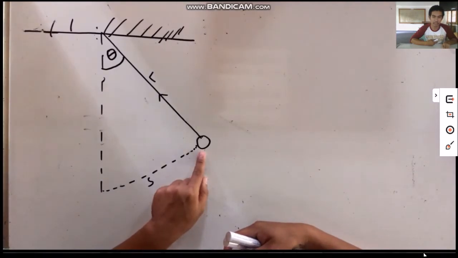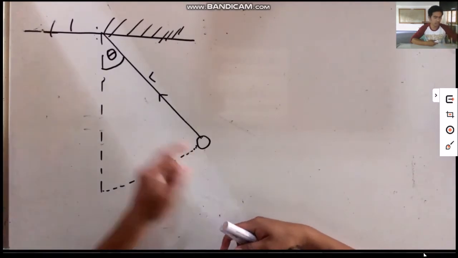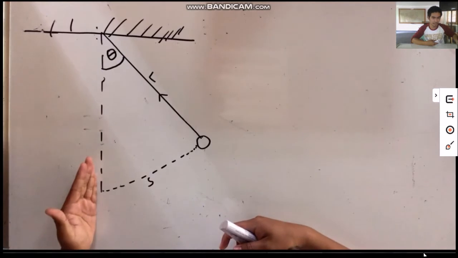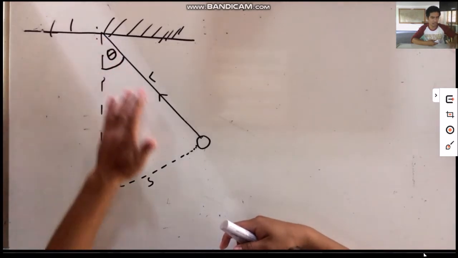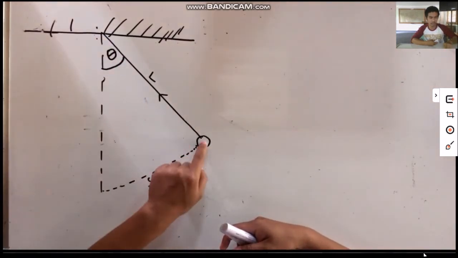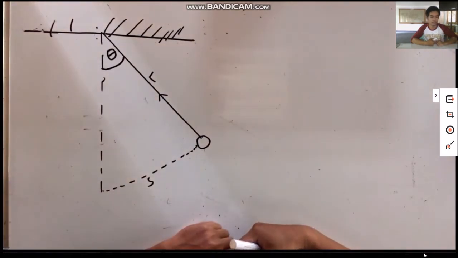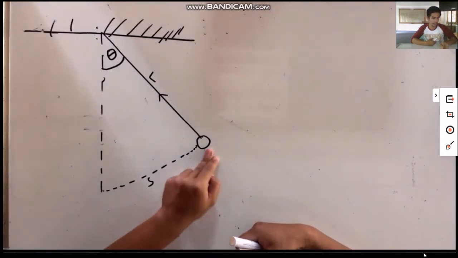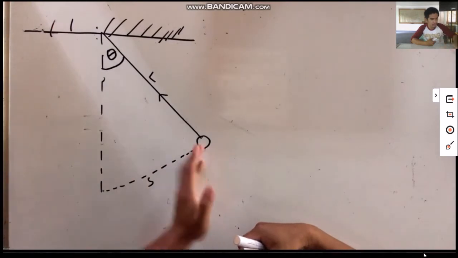Suppose I have here a pendulum. This is the equilibrium position of the pendulum, and the length of the string from the pivot to the center of the bob is L, right? And then the pendulum is displaced at an angle theta.